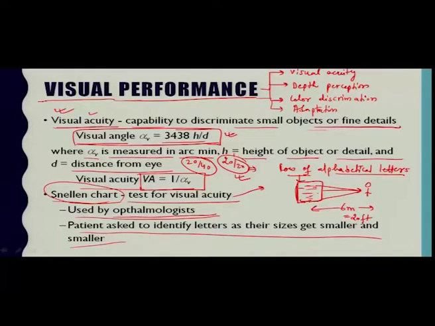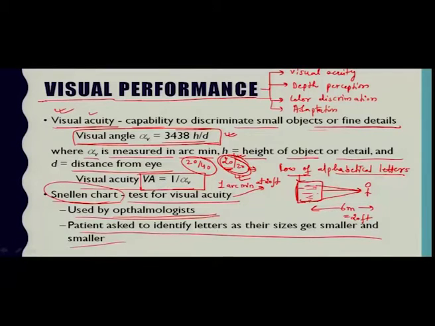That is why this 20 is arising here. Normal vision is 20 by 20, which corresponds to a visual angle of 1 arc minute at 20 feet and a visual acuity value of 1.